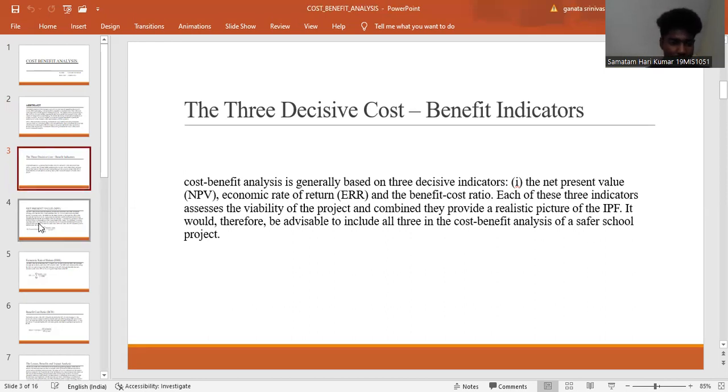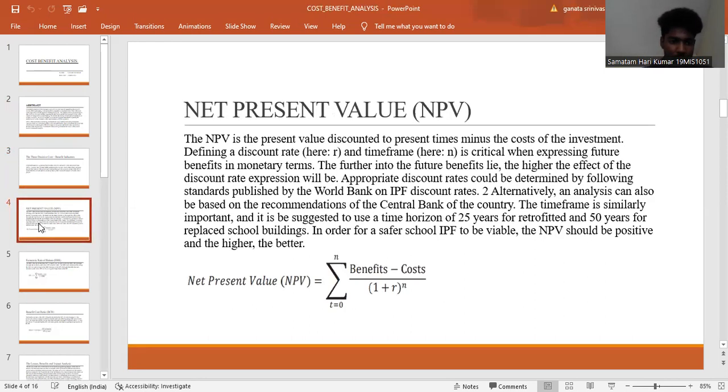The net present value is the present value of discounted benefits minus the cost of investment. Defining the discount rate and time frame is critical when expressing future benefits in monetary terms.